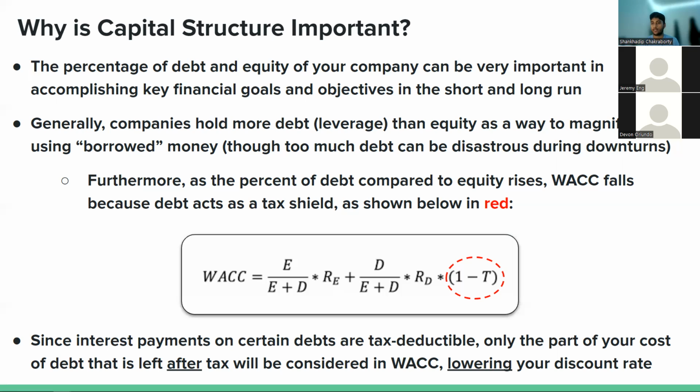Because they understand that taxes are going to have an impact on debt, and they can't expect returns as high pre-tax because we live in a world with taxes. Therefore, tax is good. You want tax to act as a shield for you in this case. And the higher the tax, the better it is for your WACC.